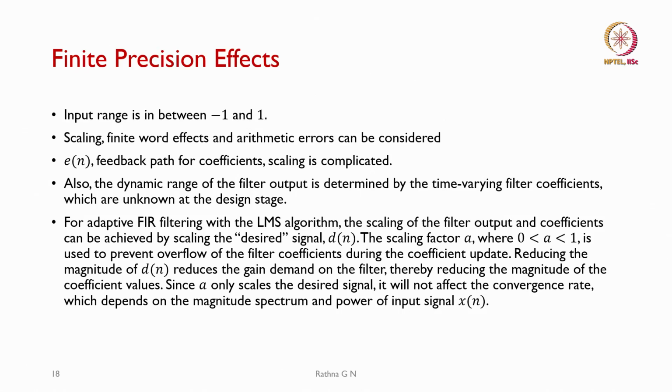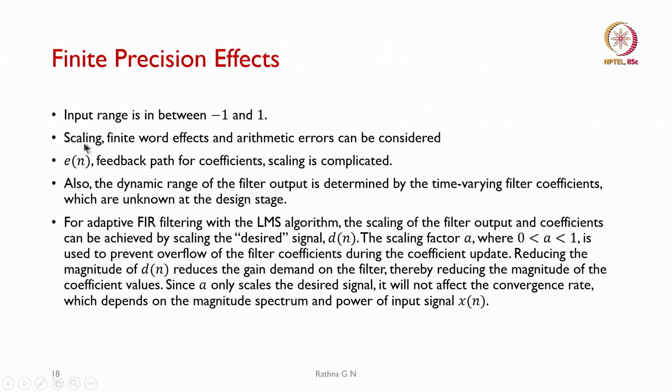Whether it is a cosine function, a speech signal or an audio signal, you will consider the magnitude to be between minus 1 and 1. Later on we have to do scaling, and finite word effects and arithmetic errors can be considered, as we have done in the case of the IIR filter.